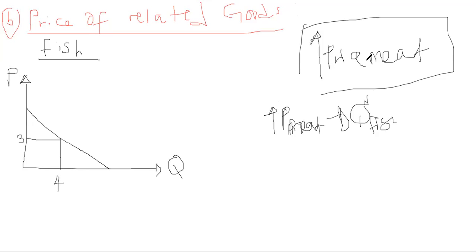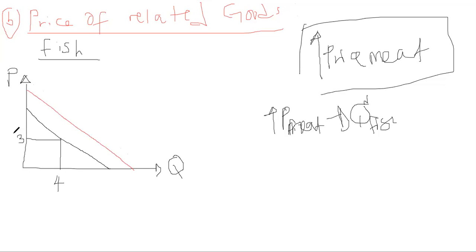So let's assume that the price of meat increases. If that happens, many people will abandon the consumption of meat and start consuming fish. And because of that, the demand for fish will increase. So if the demand for fish increases, we can represent this as an outward shift of the demand for fish.